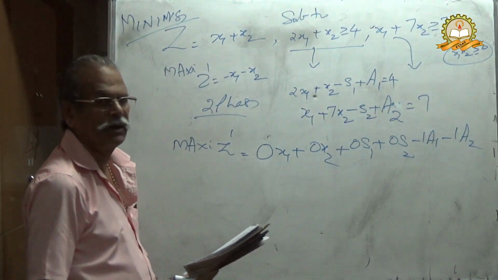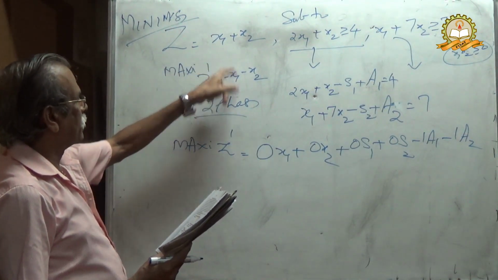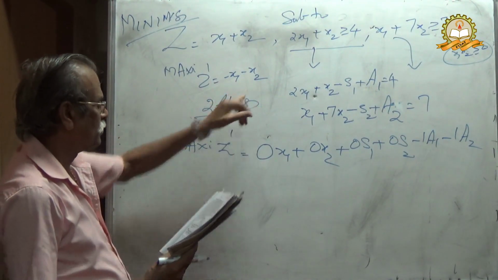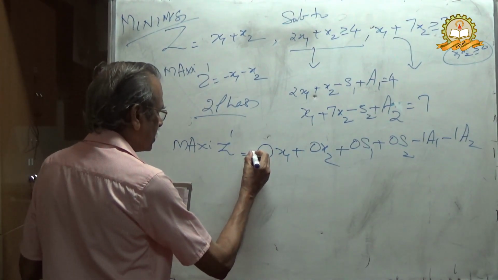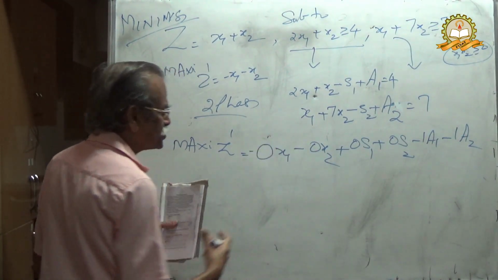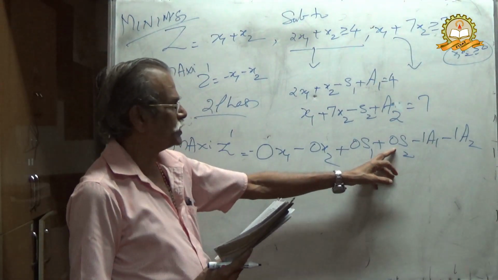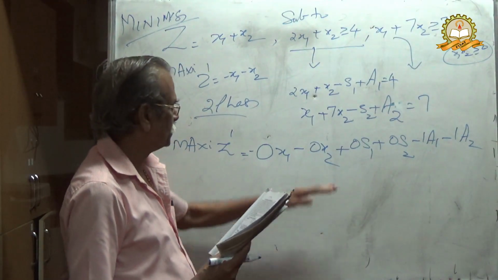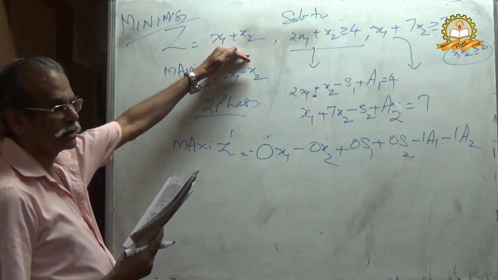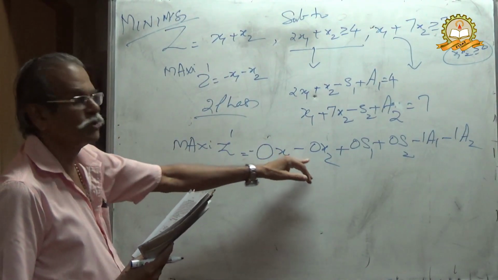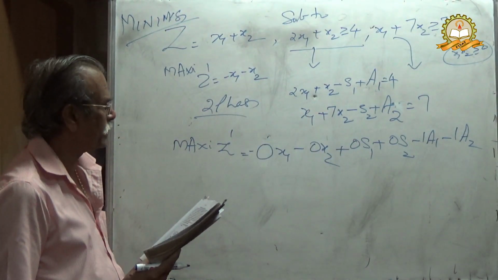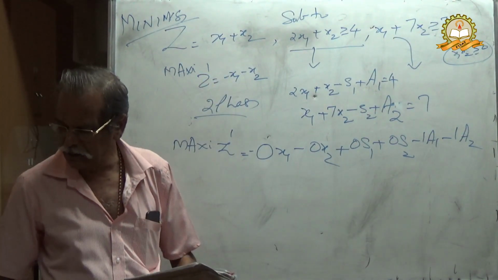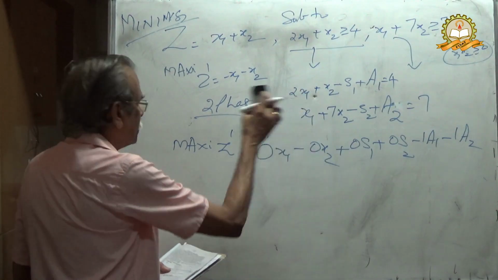Therefore, the z function is multiplied by negative 1, but the coefficients of the original variables are made 0. This is your maximum z dash by conversion, and these are the constraints.